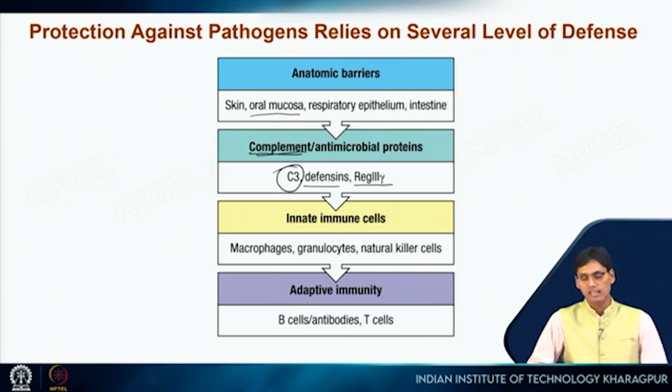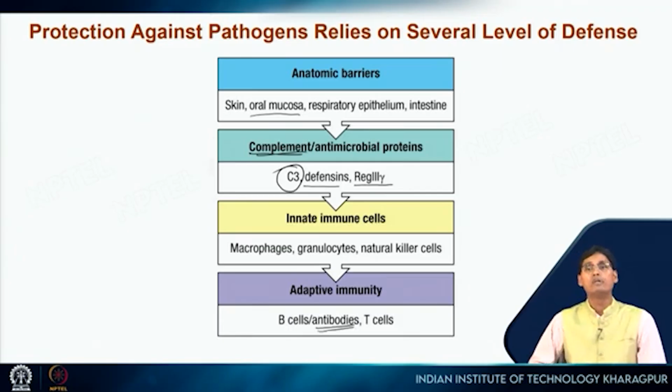And those are the different layers. Whenever we get infected, first the innate immune system tries to protect us. And over time, if it is not taken care of, our adaptive immune system will come into place, and particularly T cells and B cells will take over, and B cells will make antibody.